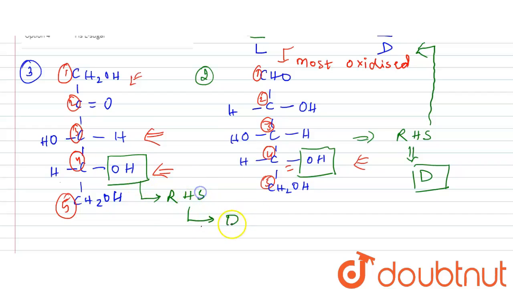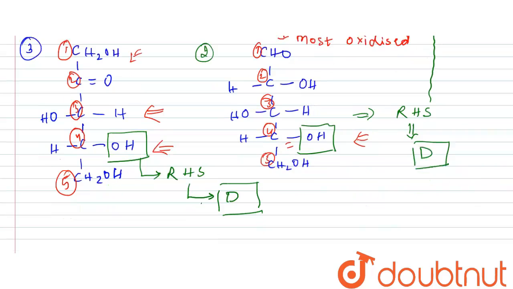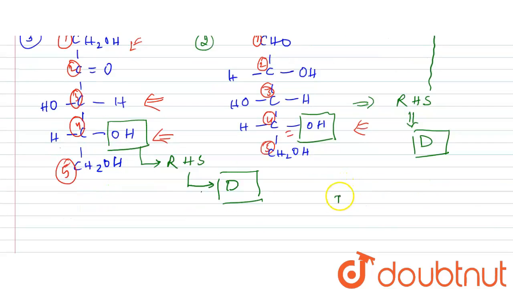Hence the configuration will again be D configuration. So we have found that the first sugar is L, the second sugar is D, and the third sugar is D.